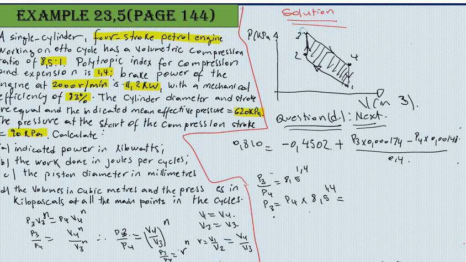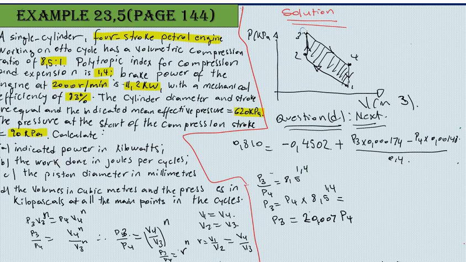So finally, I've written P3 in terms of P4. So P3 is equal to, if I work this out first, 8.5 to the power of 1.4, so I get 20.007 multiplied by P4.